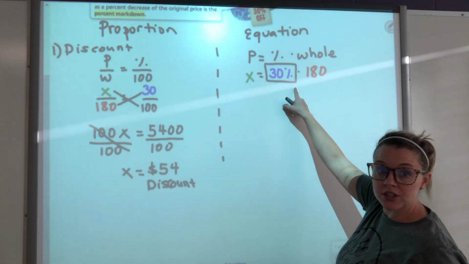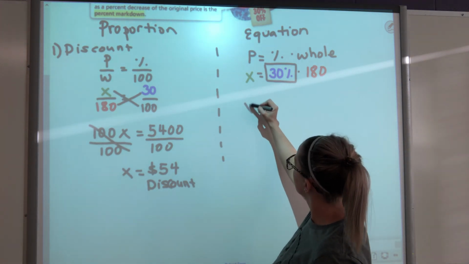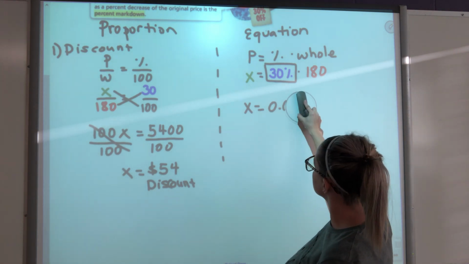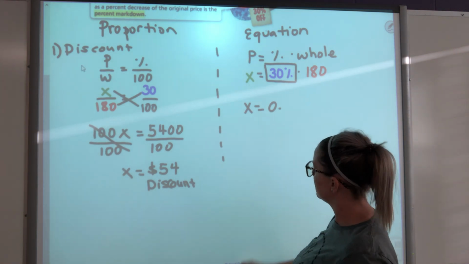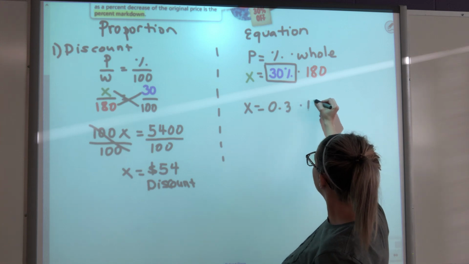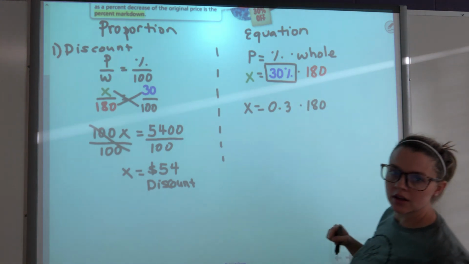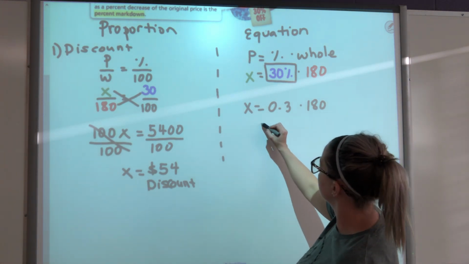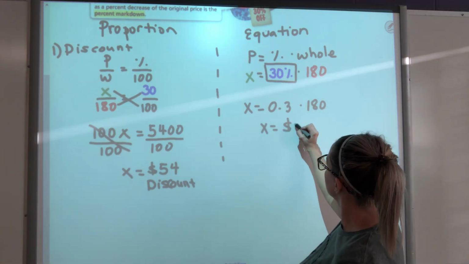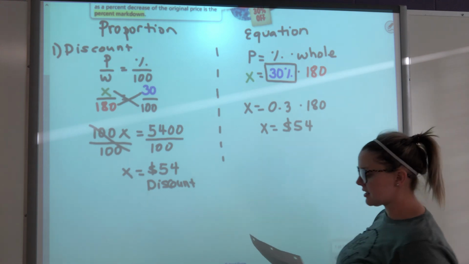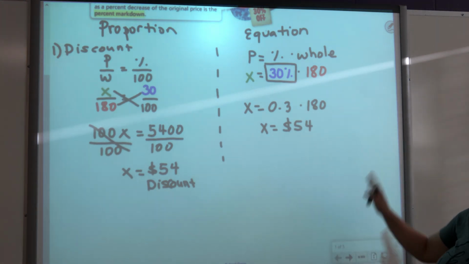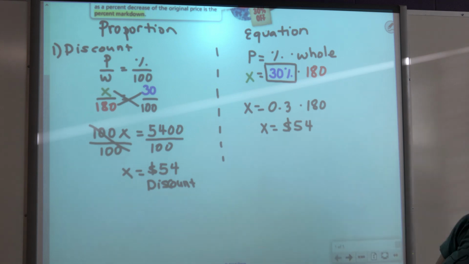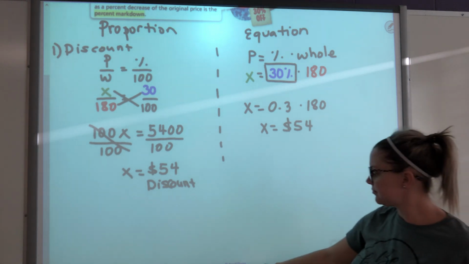Now my percent equation, kids. Turn 30% into a decimal first. Then multiply by the original price. So 3/10 times 180, again, is $54. So we get the same discount, we just use two different methods.